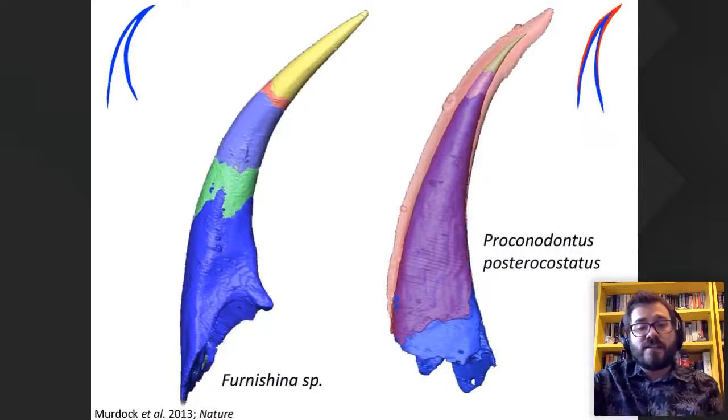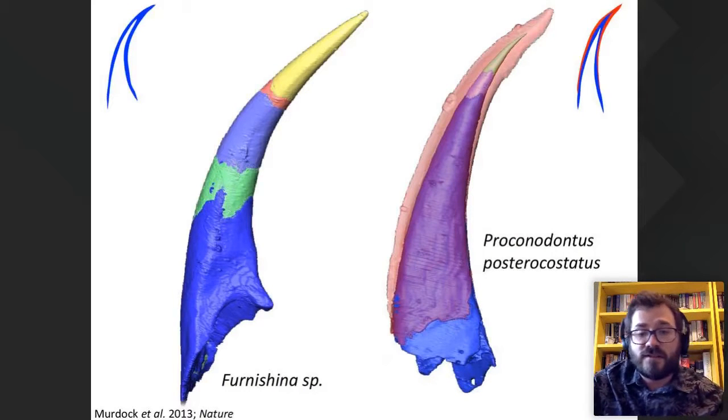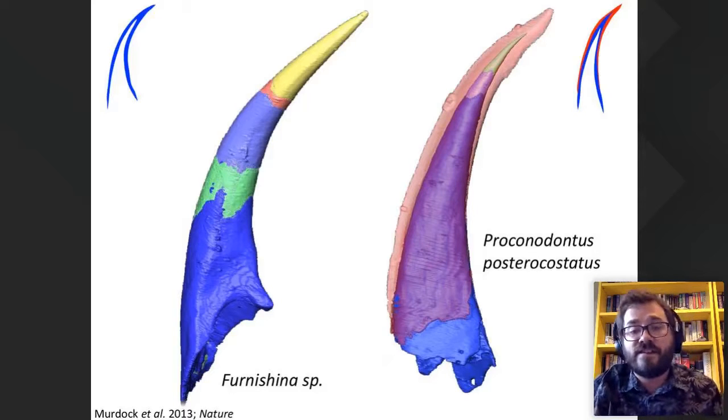And with some colleagues a few years ago, I demonstrated that euconodonts derive directly from paraconodonts by the addition of this crown layer.